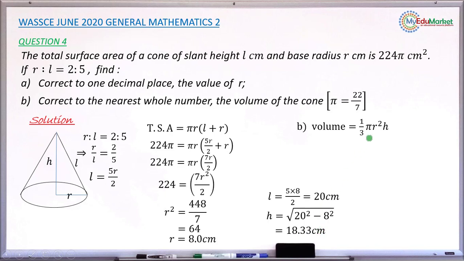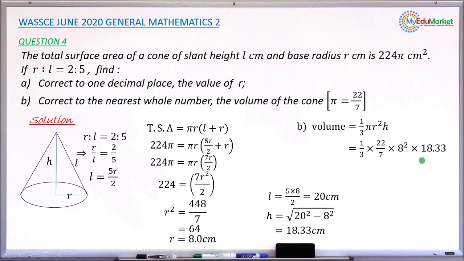So I can now go back to the formula for finding volume to substitute h and R. You have 1 over 3 multiplied by 22 over 7, the value of pi we were asked to use in the question, multiplied by 8 square, that is your R square, multiplied by 18.33, the value of your h.